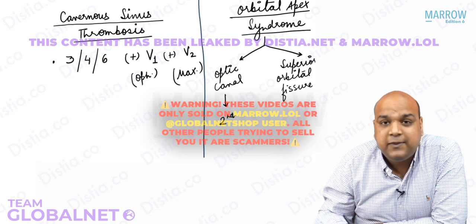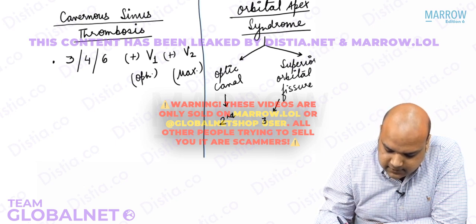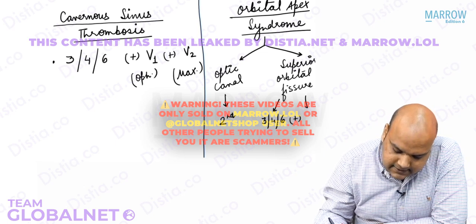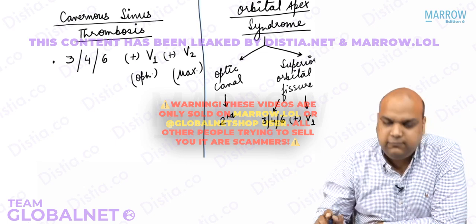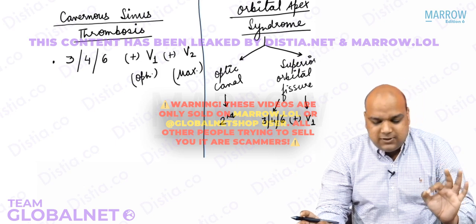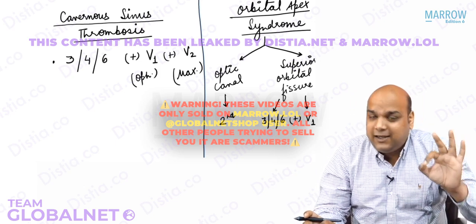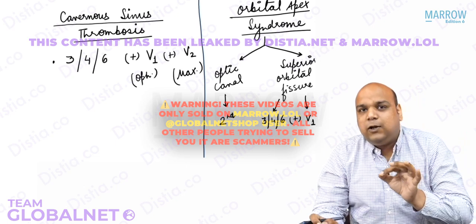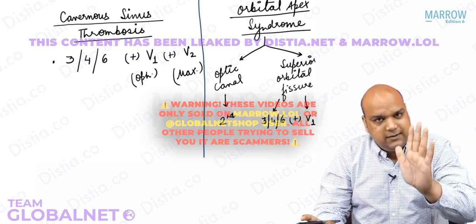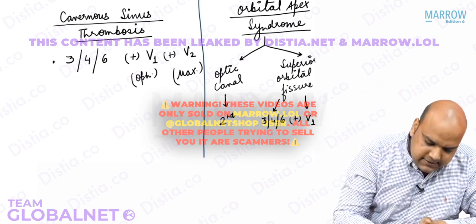Second nerve. Through superior orbital fissure, 3, 4, 6 plus the first branch of fifth. So these are the nerves which pass through the cavernous sinus and through the orbital apex. Clear? So now let's focus.